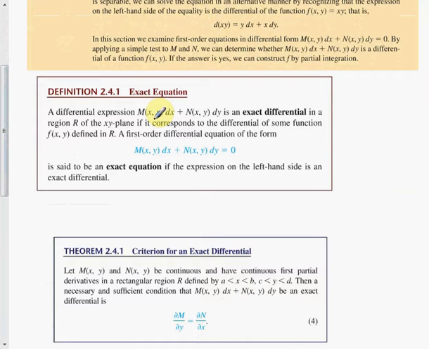And we can do this for 2-space with some rectangular region in the xy plane where these functions M and N are said to exist. Then a necessary and sufficient condition for this differential expression to be exact is that you must have this.